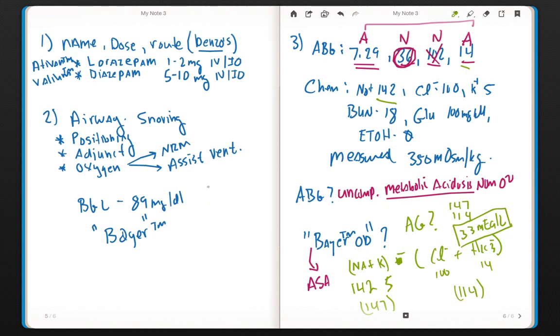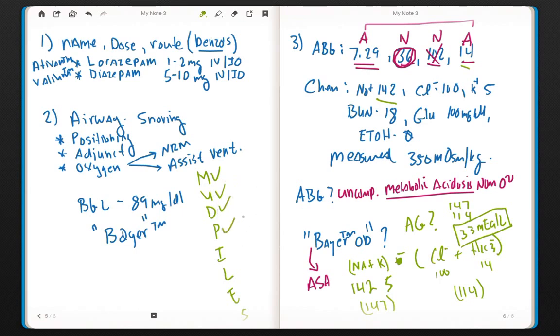If you remember the common things that cause it, they fall into the MUDPILES mnemonic. That's methanol, uremia, diabetic ketoacidosis, paraldehyde or propylene glycol toxicity, INH or isoniazid toxicity, lactic acidosis, E is ethylene glycol toxicity, and S is salicylates.